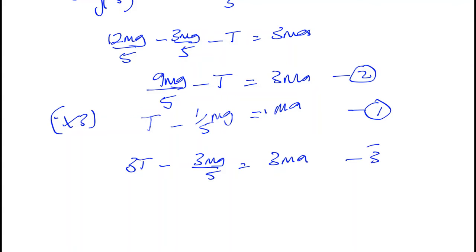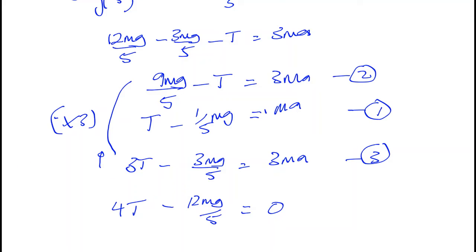Call that equation 3. And if I now use these two equations together and I subtract them, then the 3ma's will become 0. I'll subtract them this way upwards. 3T minus T is 4T, and I'll have minus 3mg over 5 minus 9mg over 5 will give you minus 12mg over 5.